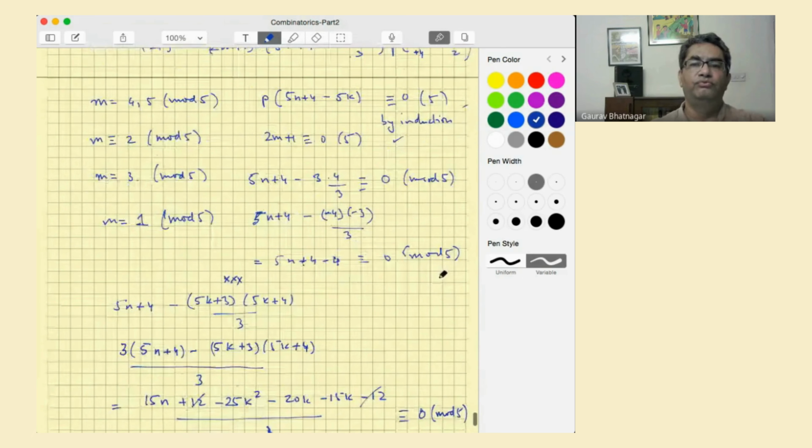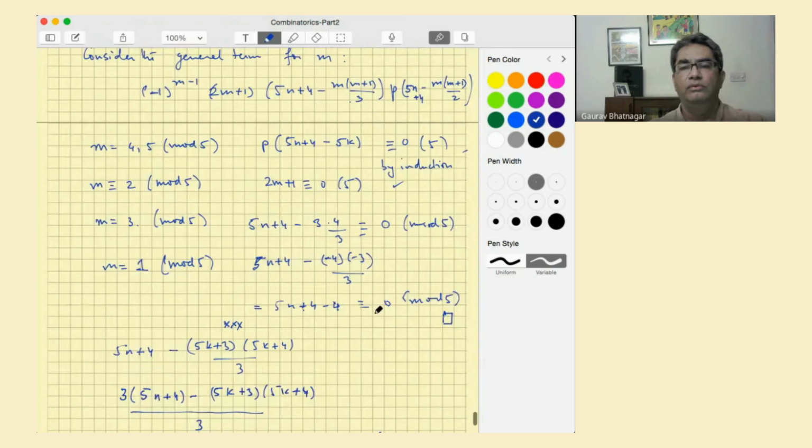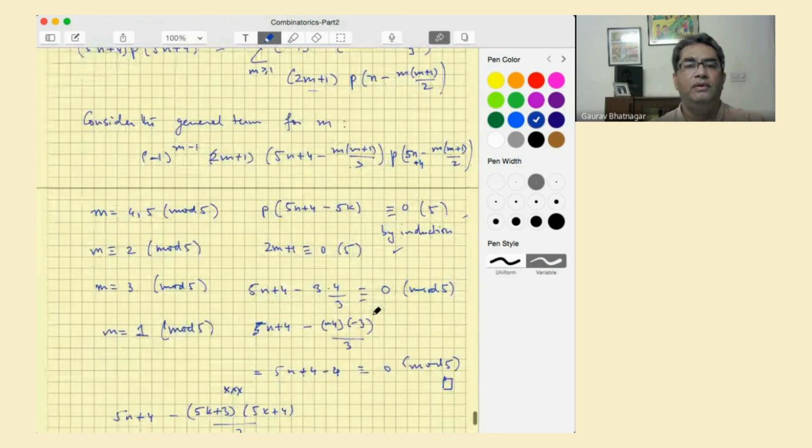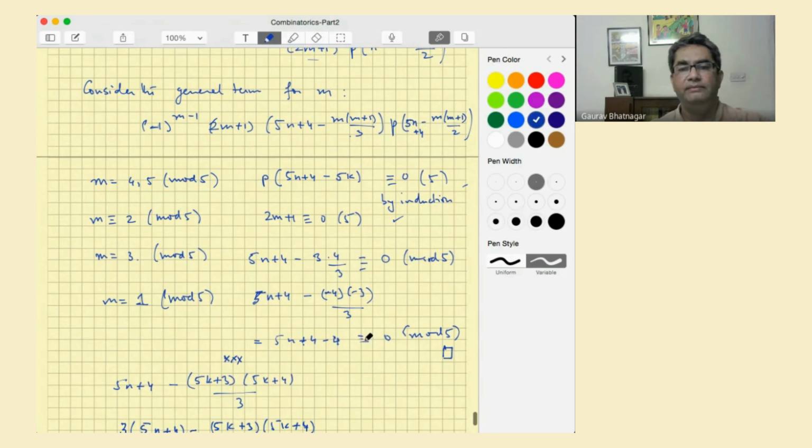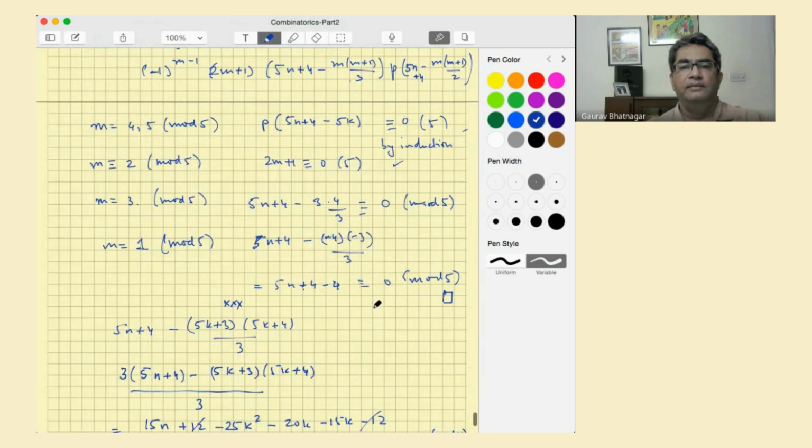Professor, can you repeat the argument for 1 mod 5, please? For 1 mod 5, 1 is minus 4 mod 5. So I can replace m by minus 4 and minus 3, and then similarly get whatever I want to get. Basically I'm cancelling the 3.